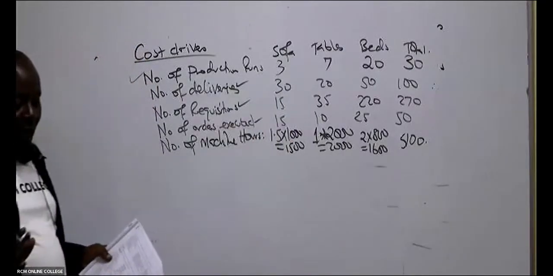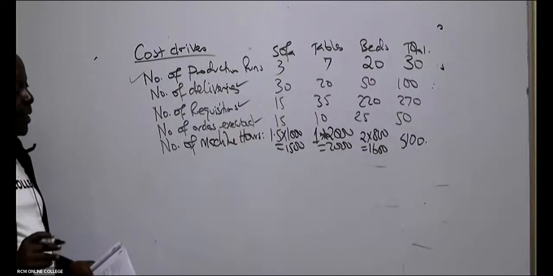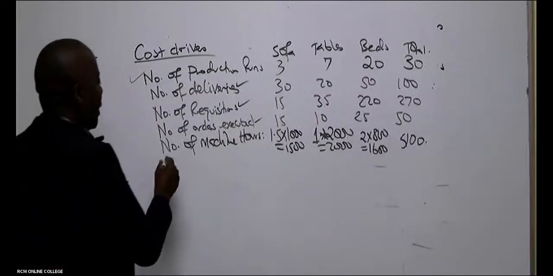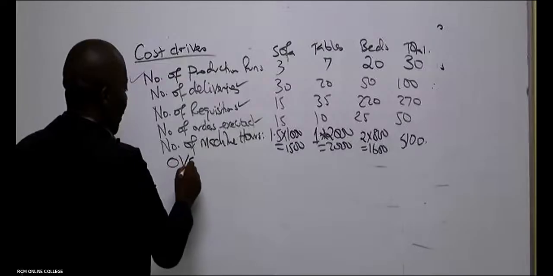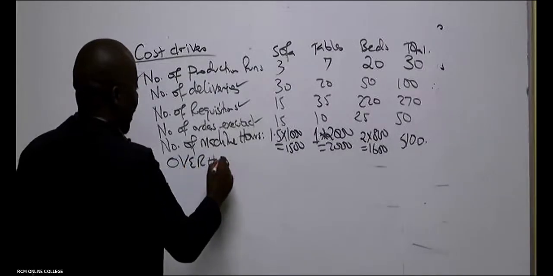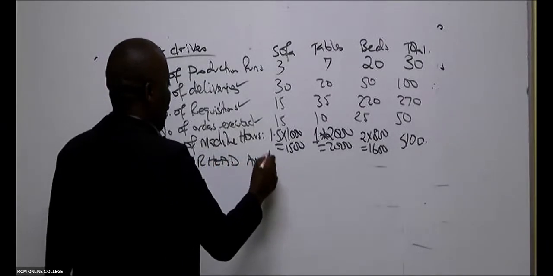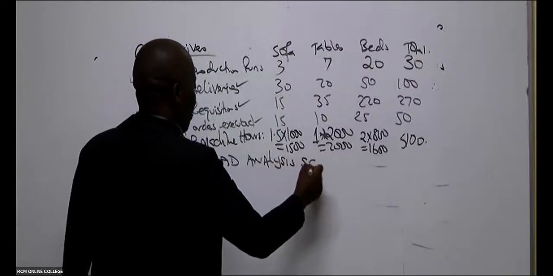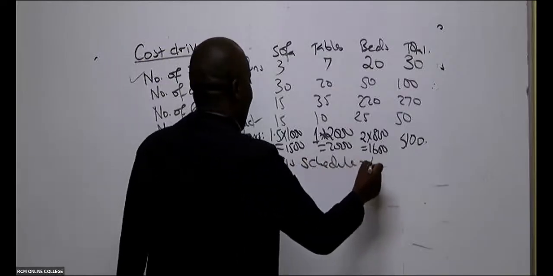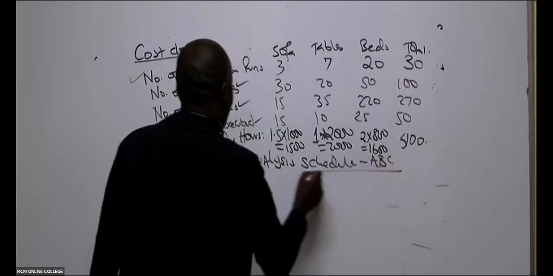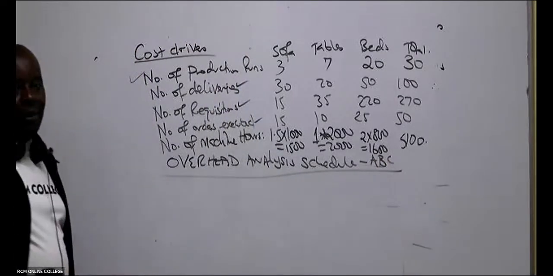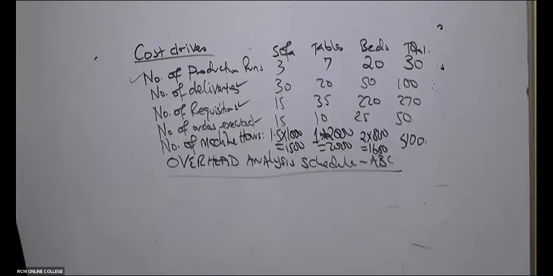So from there, you'll go ahead and write for us overhead analysis schedule. And remember that we are using an approach called ABC, activity-based costing. Any question?